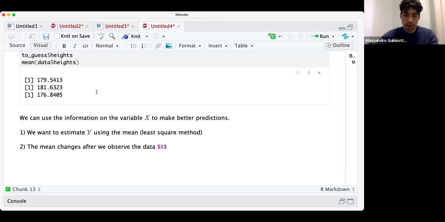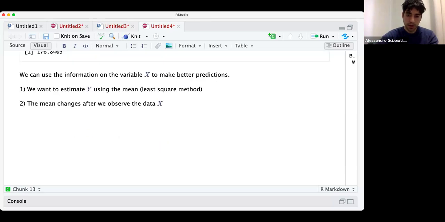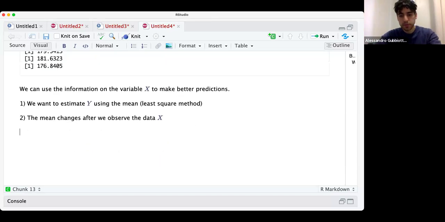So let me write in a better way this last fact, that the mean changes after we observe the data.